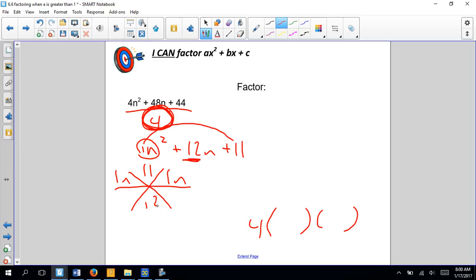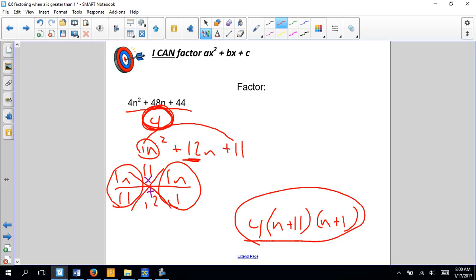So what multiplies to get 11, but adds to get 12? It's got to be 11 and 1. So my factor turns out to be 1n plus 11, so n plus 11, and n plus 1. That would be factoring. Okay, so that's one example just where you have to pull out the GCF.